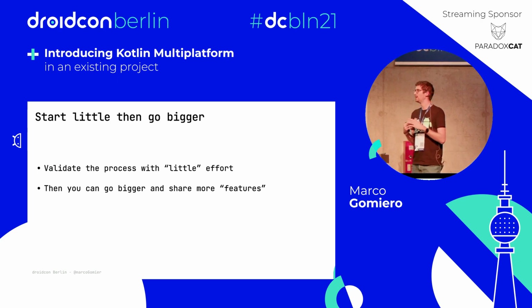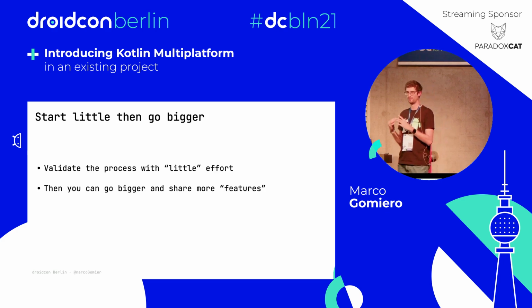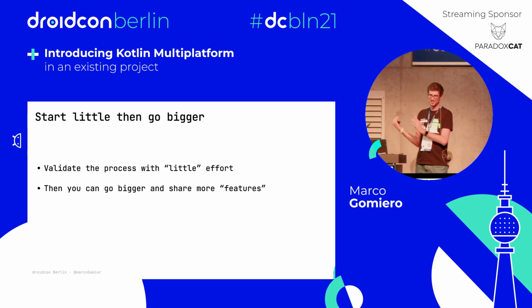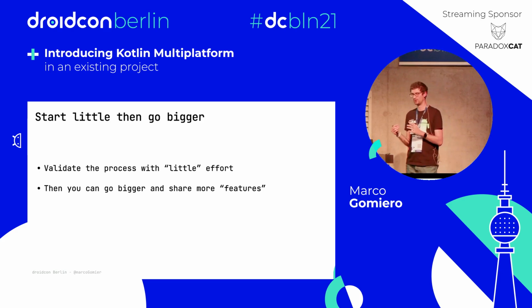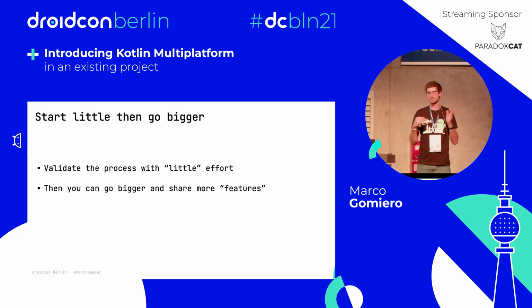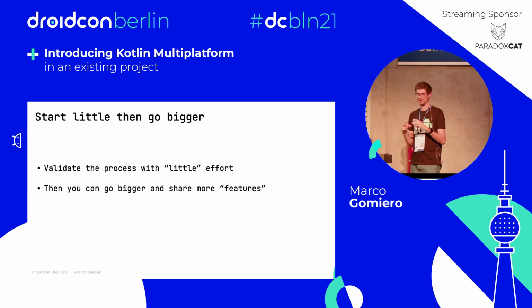For example, we started with DTOs, like I said before, and we saw that this solution was super cool for us to deal with. And so then we decided to also migrate and rewrite our persistence layer and have it on both Android and iOS by writing SQL once for all. So if you start with little things, then you can go and share everything else.